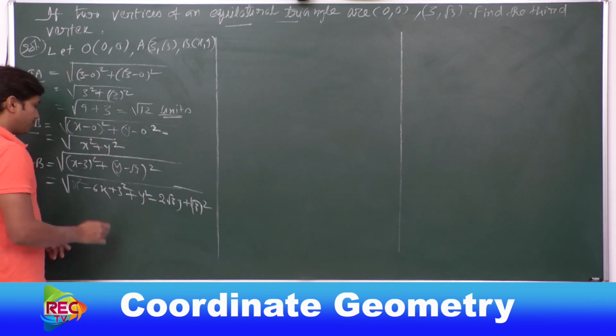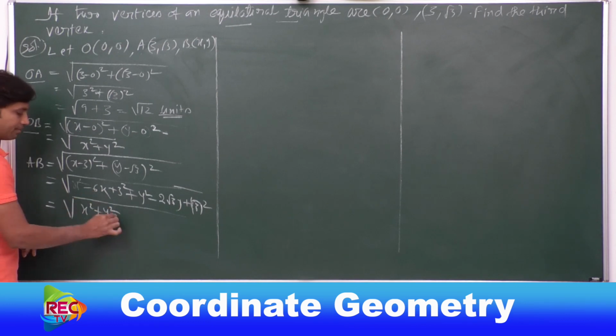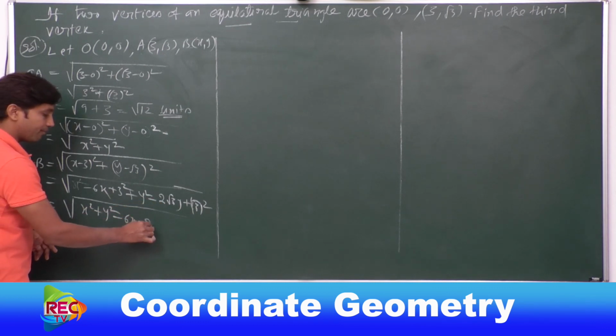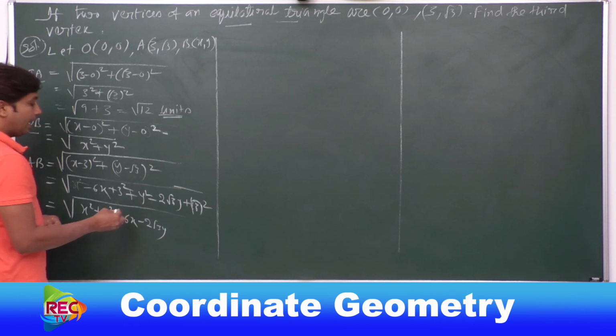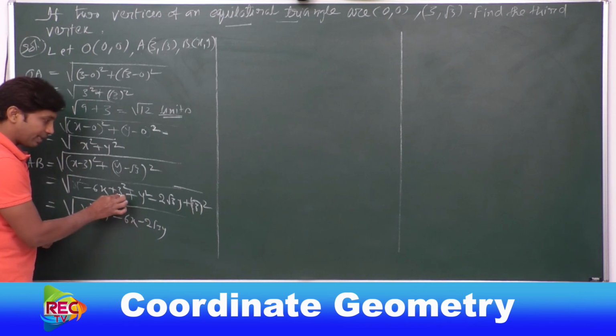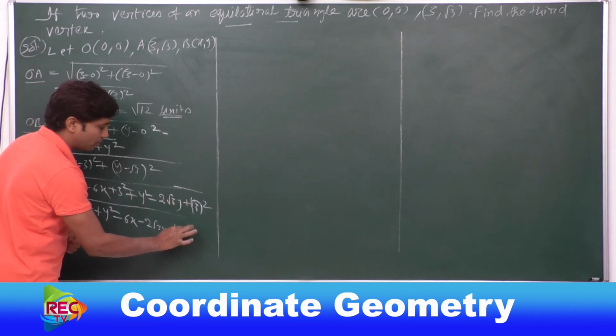Okay, now let us put the x square and y square terms together. So x square plus y square, next minus 6x, next minus 2 root 3 y, and then here this is 3 square, 9, and this is root 3 square, 3. 9 plus 3 would be 12.